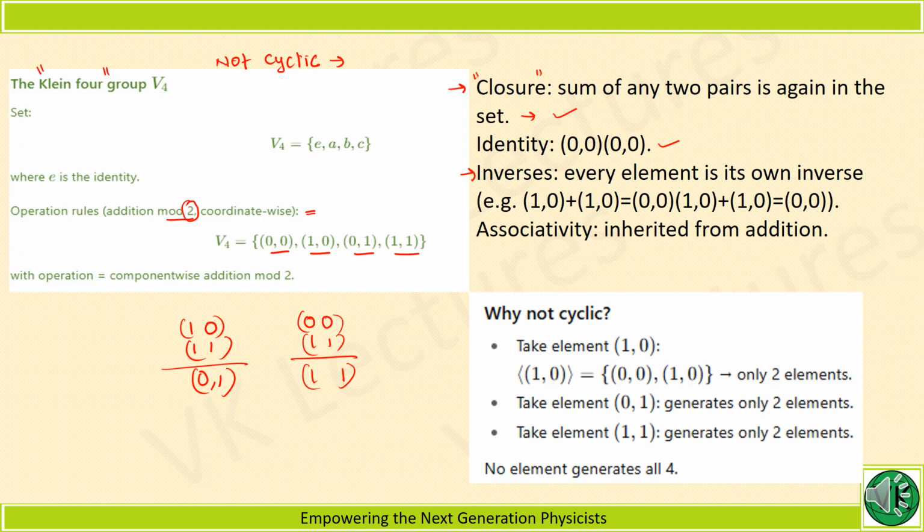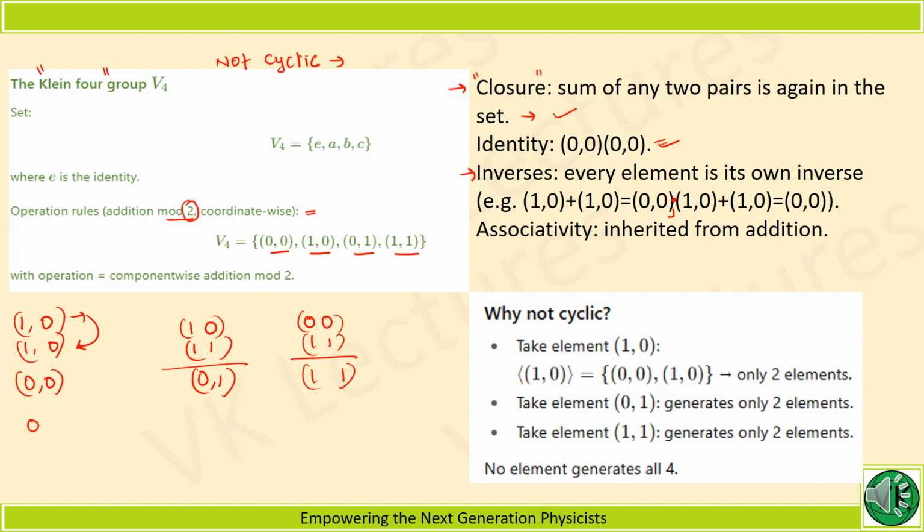For example, in the first case, (1,0) plus (1,0), you get (0,0). (0,0) is our identity element. So this element has its inverse (1,0), which is again in the group.